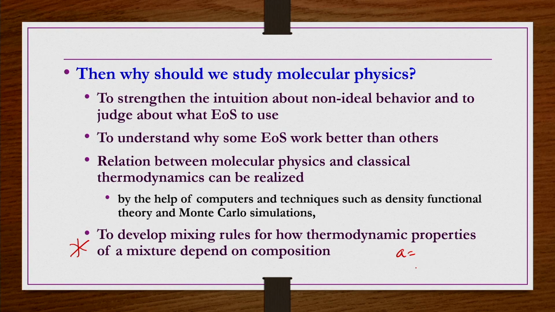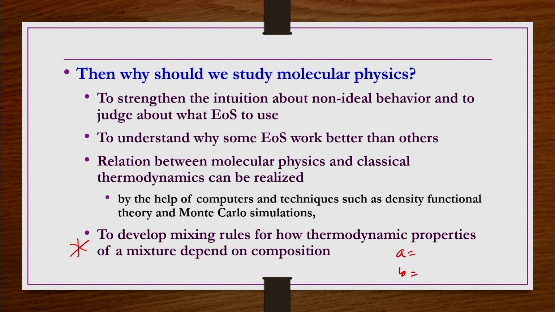We have already seen in one of the previous lectures, let us say we have taken the van der Waals equation of state. There are constants A and B, and these constants depend on the composition when we were finding the fugacity of component 1 in a binary mixture.